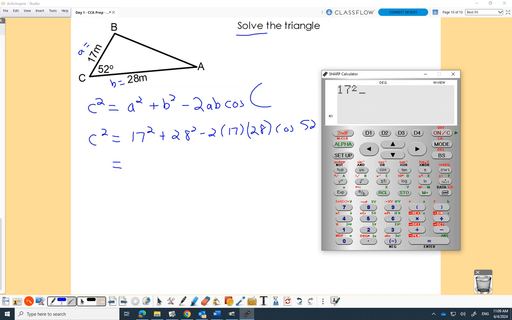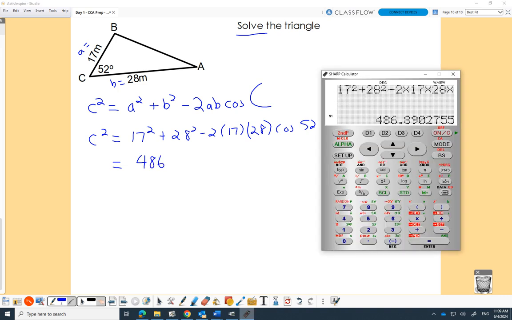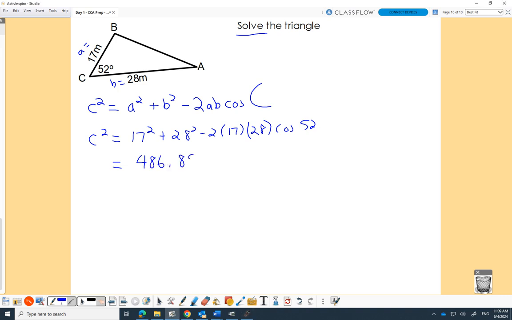17 squared plus 28 squared minus 2 times 17 times 28 times cosine 52 equals, what? 486.89.